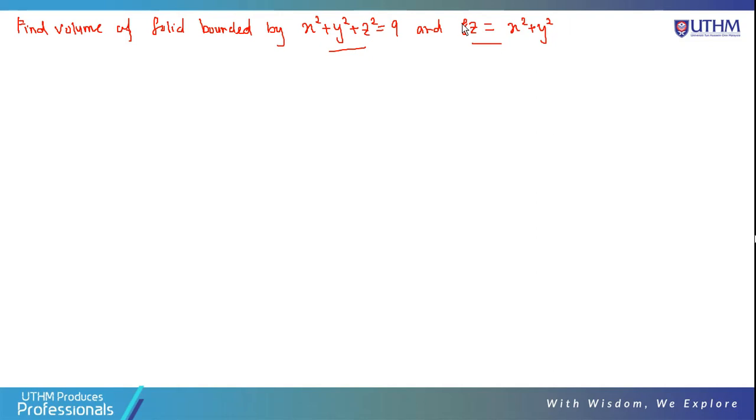The first thing, I will choose z as the simpler one. Rearranging, you get z equals the square root of 9 minus x squared minus y squared, and another one, z equals 1/8 of x squared plus y squared. This is my method for determining the limits of z.